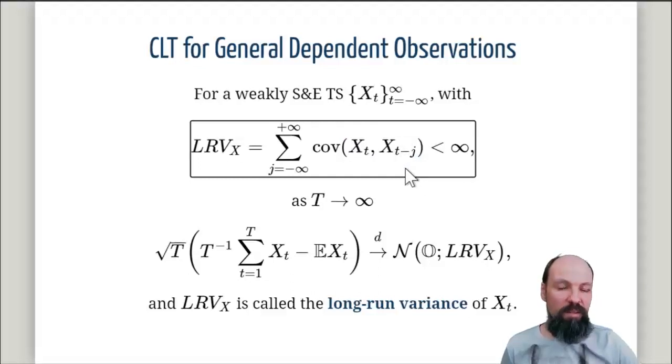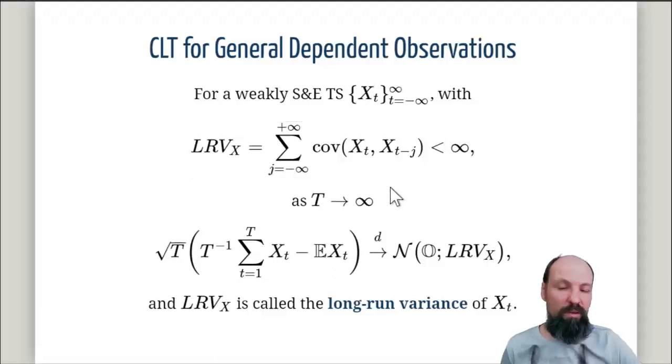And since the dependence disappears, the covariance also disappears. Then at some j, we can just cut it and not consider j in absolute value larger than some large enough value. Basically, the tails in plus infinity and minus infinity in that summation don't matter much for the value of the long-run variance.